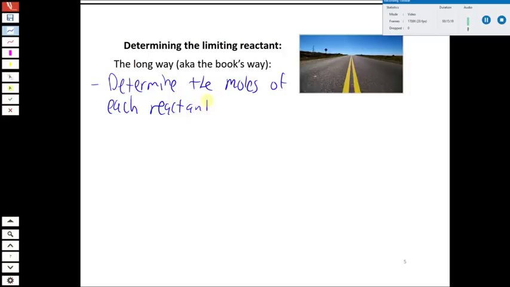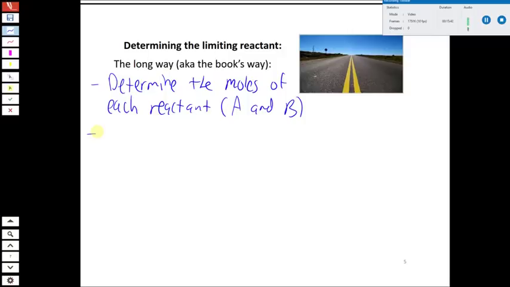And for argument's sake, I'll call these reactants A and B. They could be any two things that are reactants in the chemical equation. Remember, a limiting reactant, as the name implies, is always a reactant, always something on the left side of the arrow. You're never going to have a limiting product or anything on the right side. All right, so we have that situation. We determine the moles of each. And then what you do is you do sort of a hypothetical calculation.